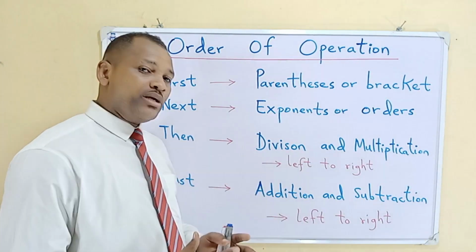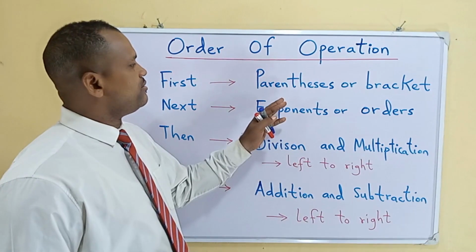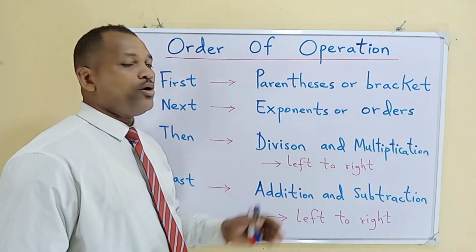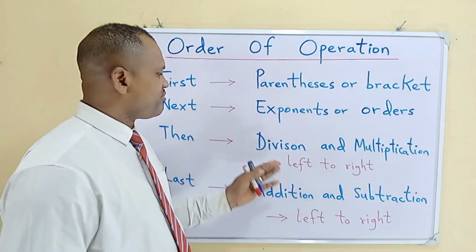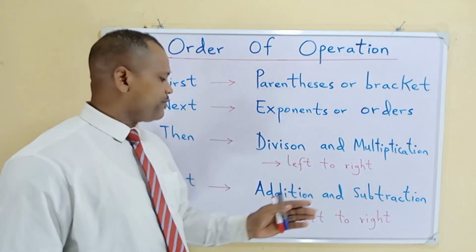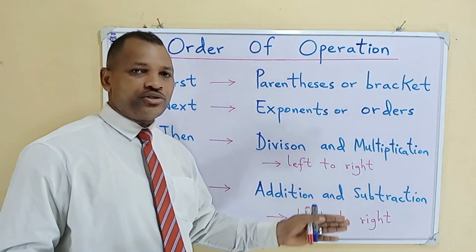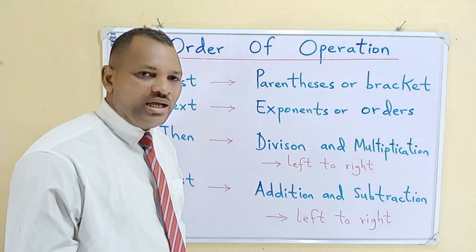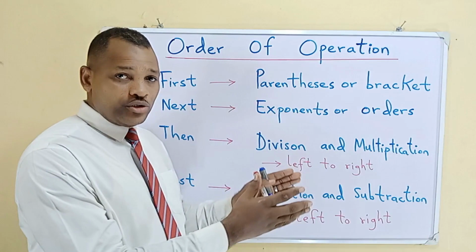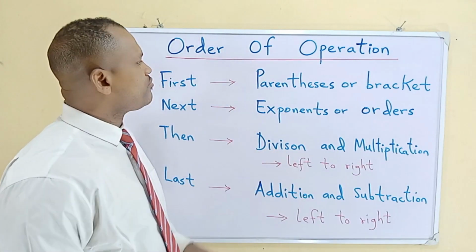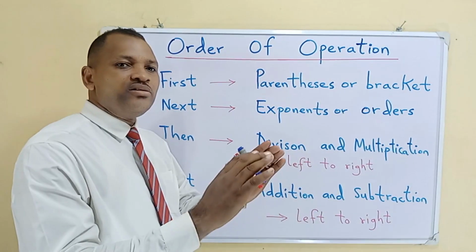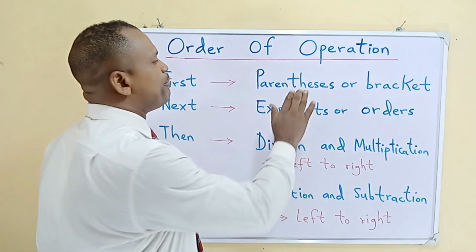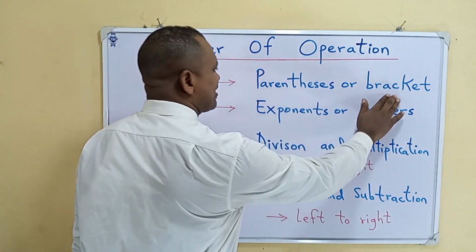When you have a problem that contains parentheses or brackets, exponents or orders, division and multiplication, addition and subtraction, you are required by the order of operation, by this rule, to first solve the problems in the parentheses or brackets.